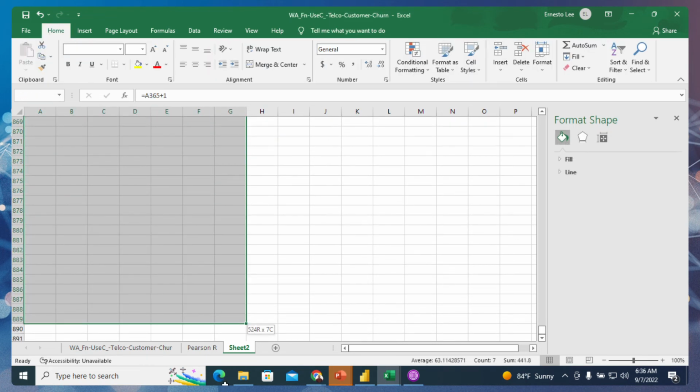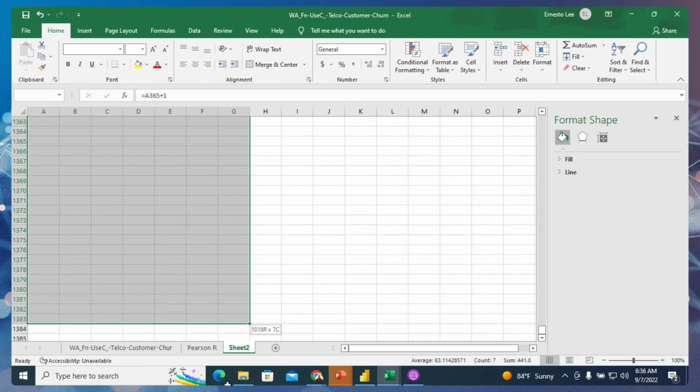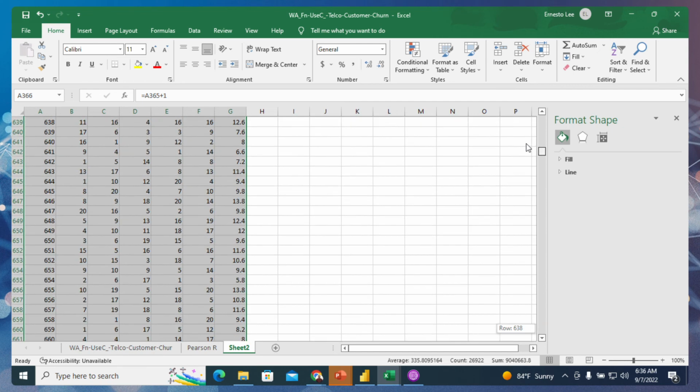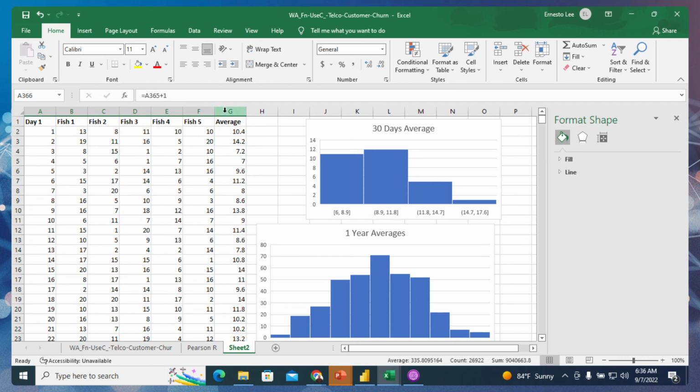So I'm just going to go crazy here and just put a couple thousand. Say that this fisherman fishes every day for 4,210 days. One extra day there for the label. Let me do Control D. Okay, so this fisherman fishes every day for 4,200 days in a row.